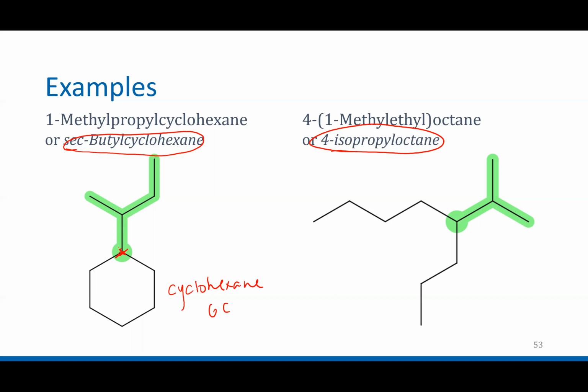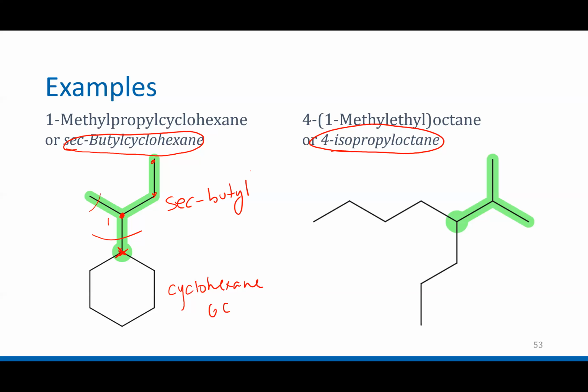So systematically, you could call this 1-methylpropyl. You can use brackets here if you wish. You typically only need brackets if there is more than one number in front. But honestly, we learned that this is a secondary butyl group. We call this sec-butyl.